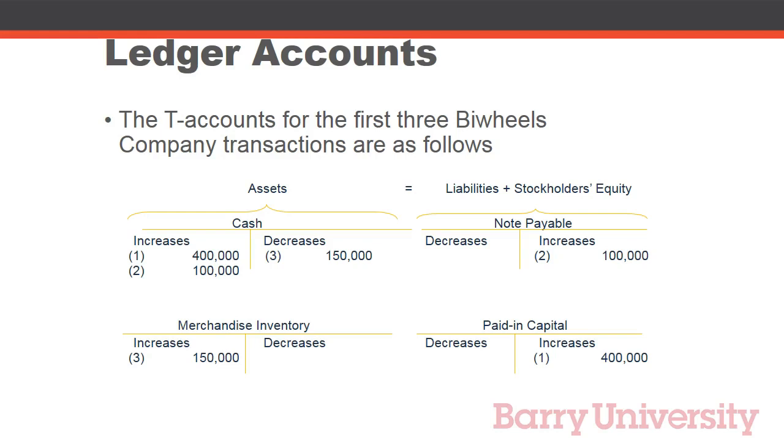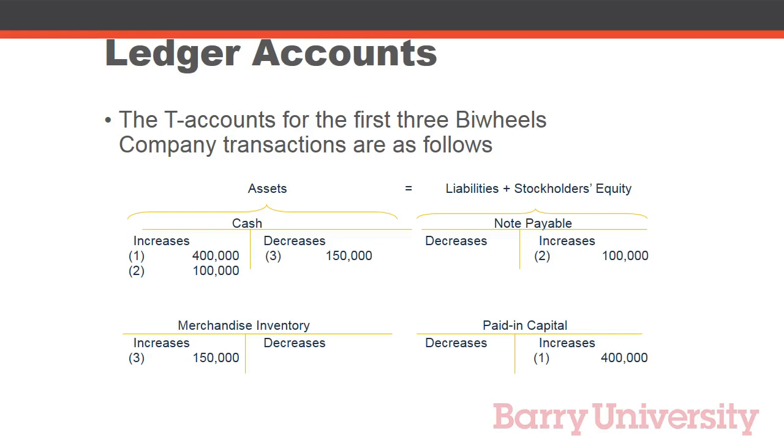In transaction 2, we posted an increase to cash of $100,000. We borrowed this $100,000 through issuance of a note. We owe the money. We have a note payable. You notice we increased the note payable T account with a credit.